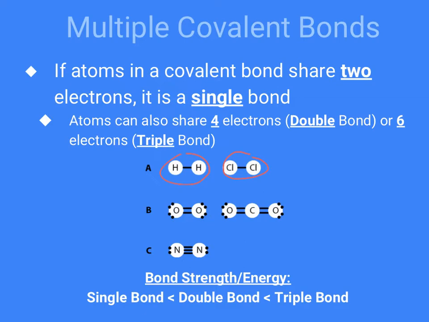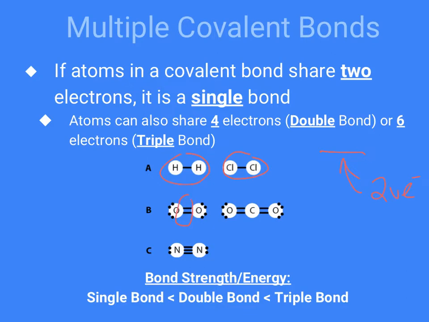So this hydrogen is sharing an electron with the other hydrogen, and that's represented by this line, and that means 2 valence electrons per line. But atoms can share more than 2 electrons. In our O2 molecule in B, oxygen gas, that's sharing 4 total electrons.